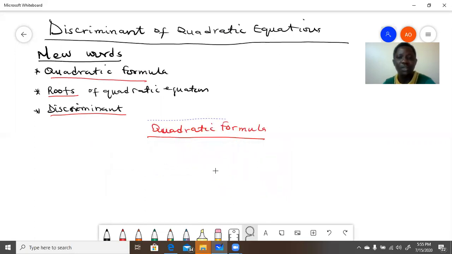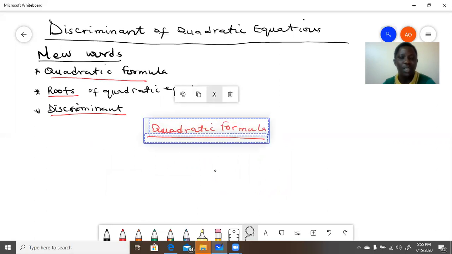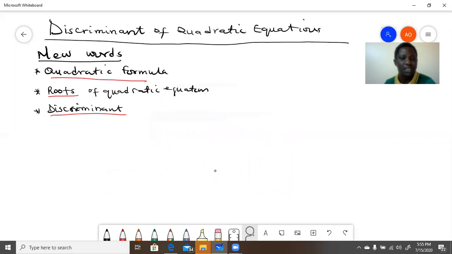The second new word that we need to learn in this class today is roots of quadratic equation. What do we mean by the roots of a quadratic equation? You can also call them solutions of a quadratic equation.